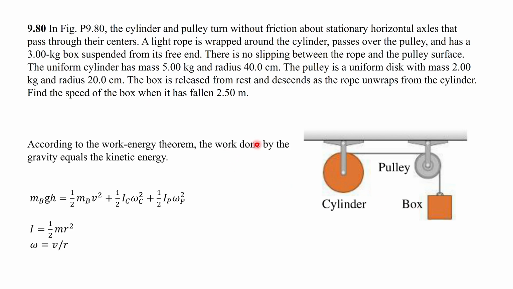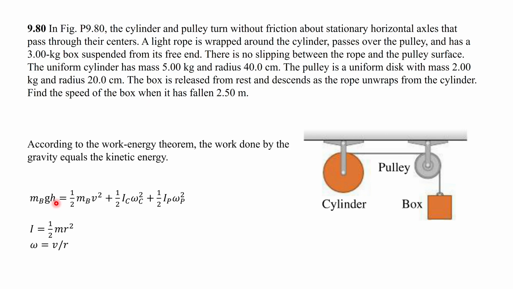So the work done by the gravity should equal the increase of kinetic energy. So we write down the formula here. The left part is the work done by the gravity, so the mass of the box times the gravitational acceleration and the displacement.